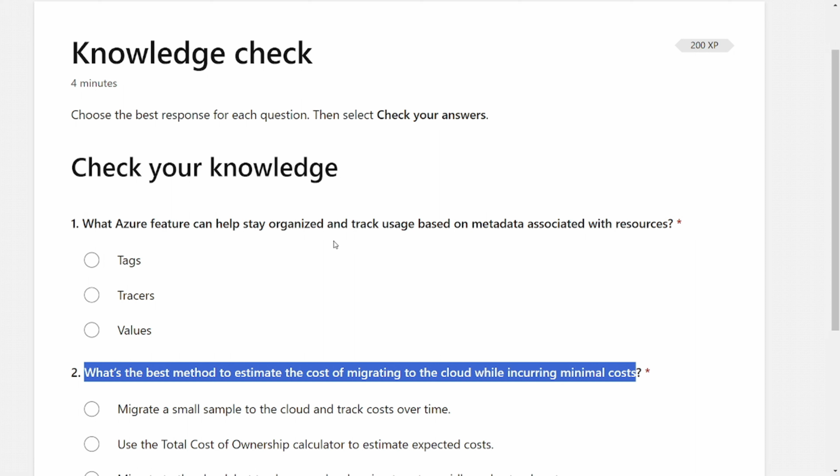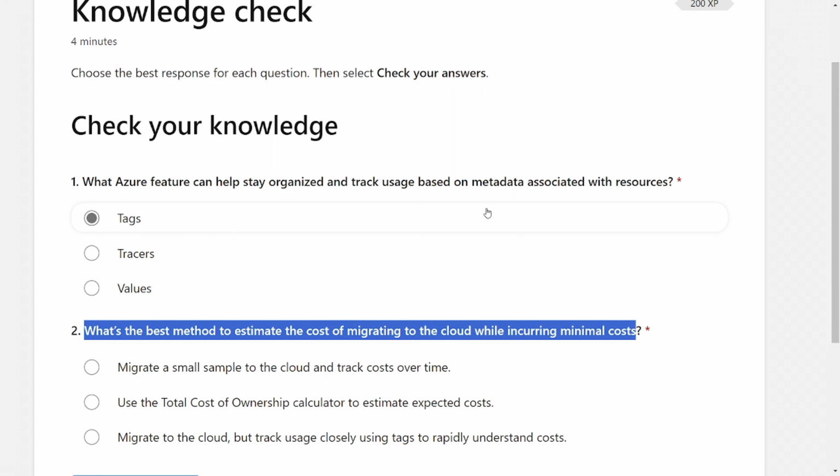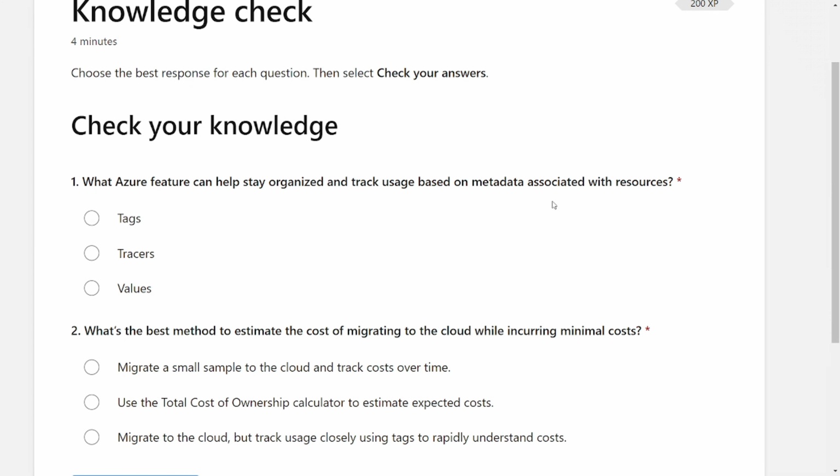The first question is: which feature can help you stay organized and track usage based on metadata associated with the resource, right? As we have studied and discussed, this is the third way of managing resources, through tags.